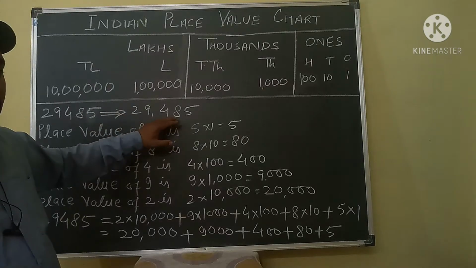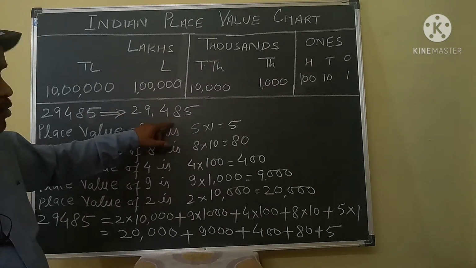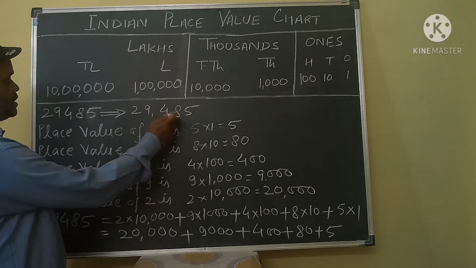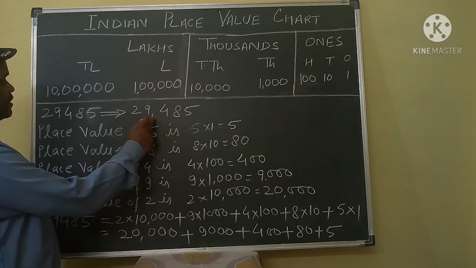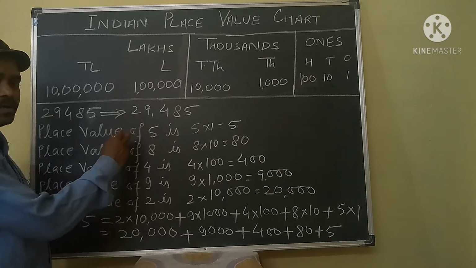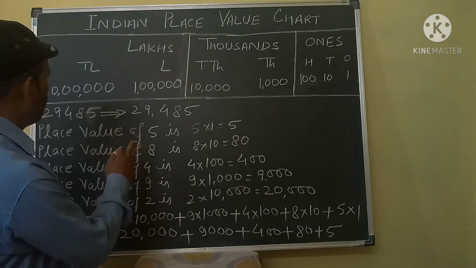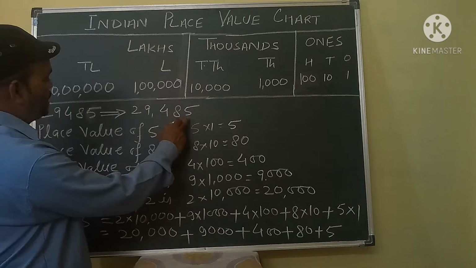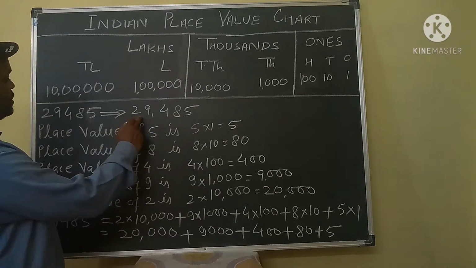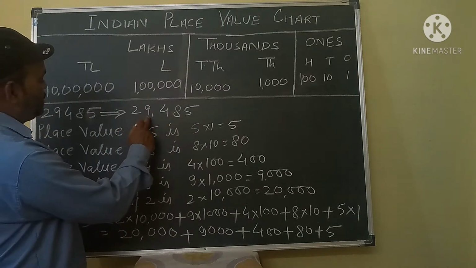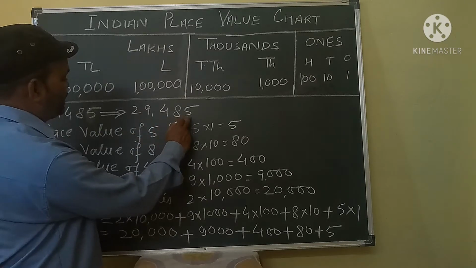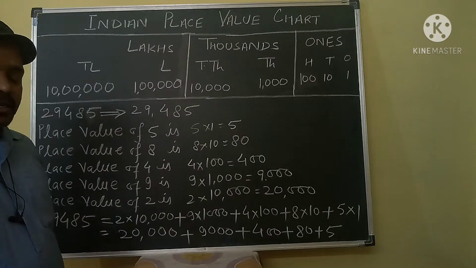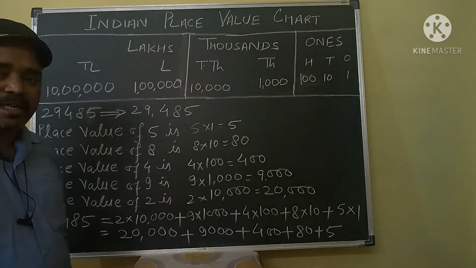We put the first comma after 3 digits, which are ones, tens, and hundred, and the next comma after 2 digits. So this number becomes 29,485. This number you can read as 29,485.